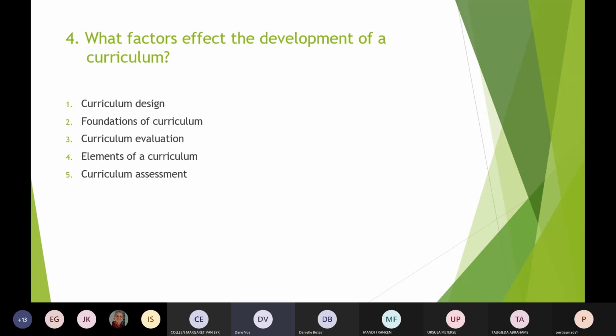Reflection for action refers to planning and being able to think ahead about what you might encounter or anticipate, and having a plan for if that does happen. All right, thank you. So curriculum evaluation has to do with when you as a teacher evaluate your curriculum plan in your classroom, right? So what is the elements of a curriculum?